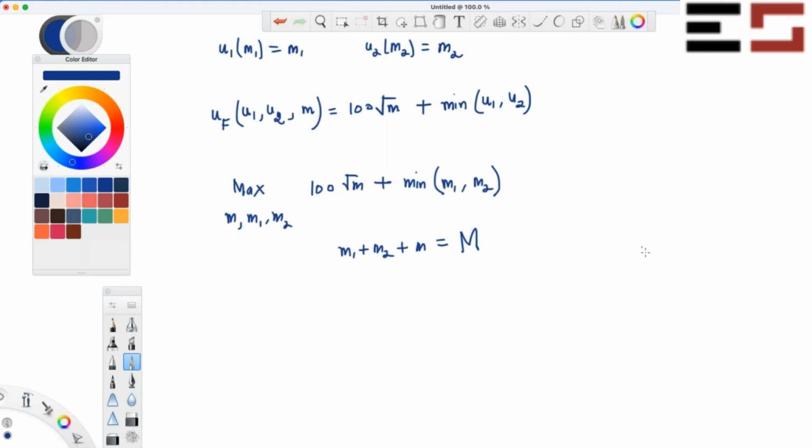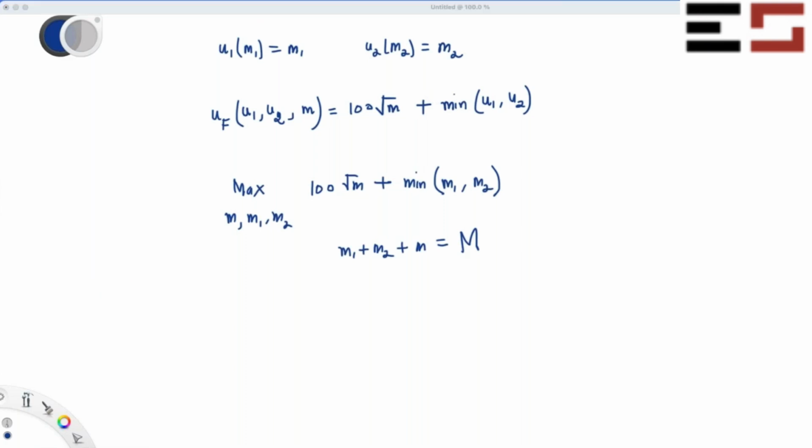Is this clear? So it's a 3-variable optimization problem. You can just call this father's care model. That was mother's love model. This is father's care model.